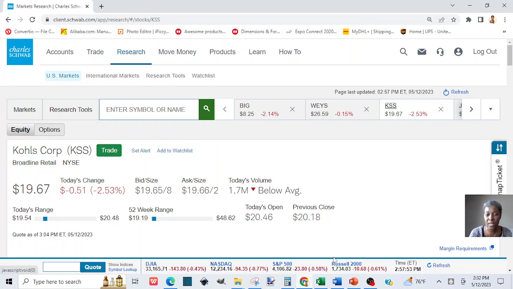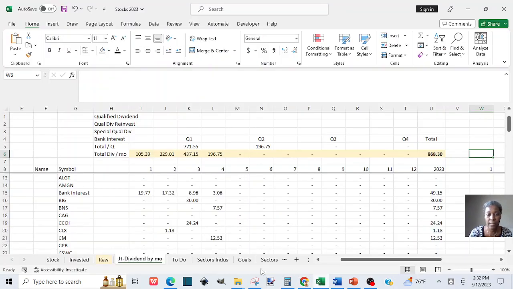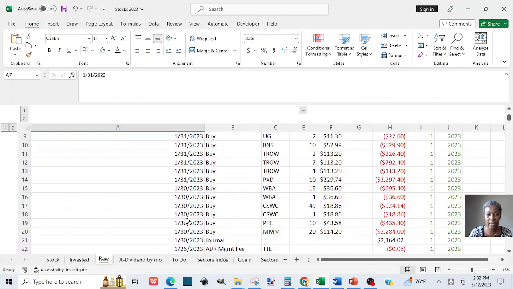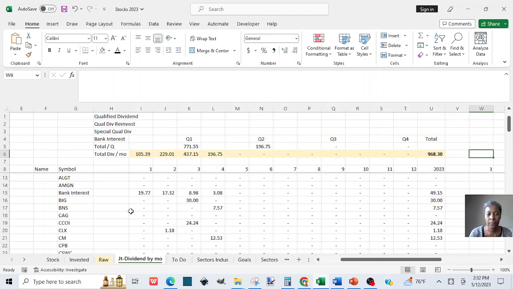When you export as a CSV, you can save it in your spreadsheet, and you can design your spreadsheet to pull the dividends that you are exporting from Charles Schwab on a monthly basis.